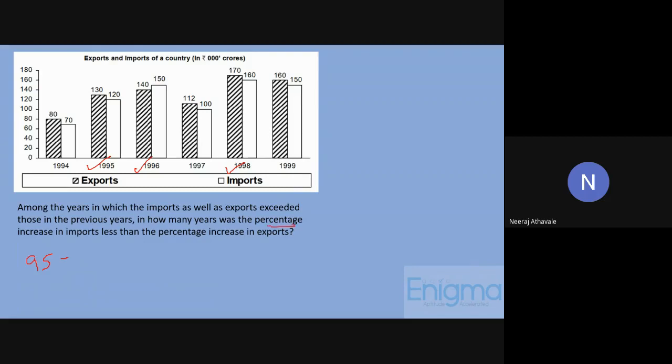For 95, the percentage increase in imports. What is the increase in imports? Can I say it is 50 by 70? And this is 50 by 80. Is it correct?